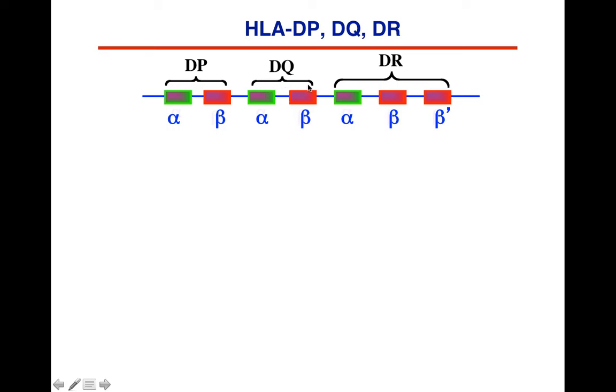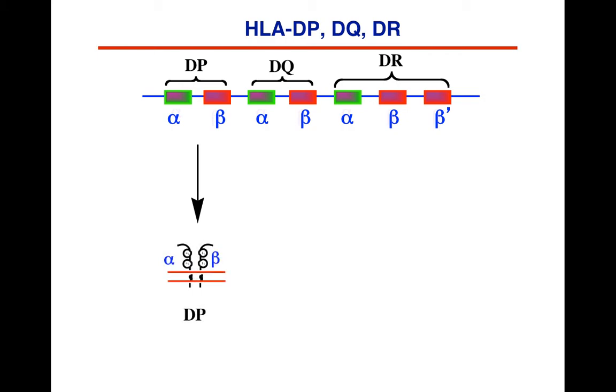DQ has an alpha and beta chain, and DR has the most diversity because it has an alpha, beta, and a beta prime. And it can have others. There can be other betas, beta 2, 3, and 4, that are able to form with the DR alpha, multiple different DRs.